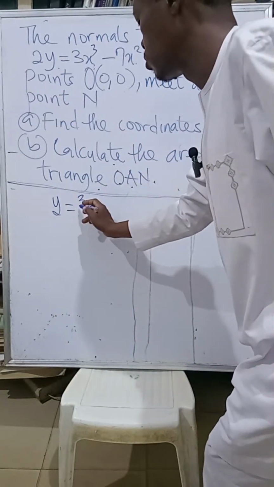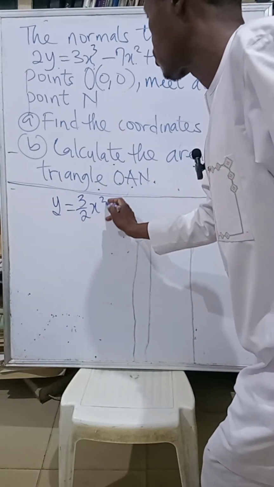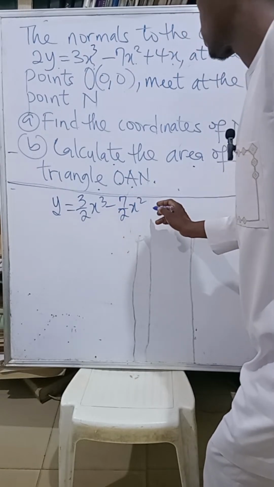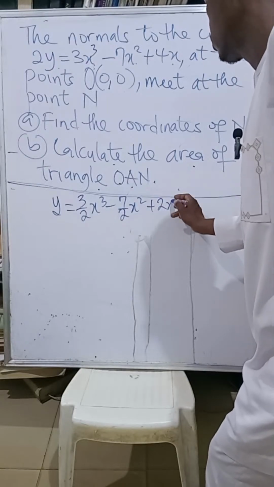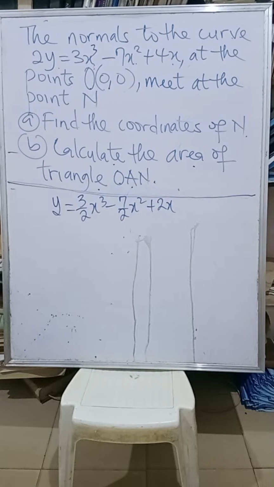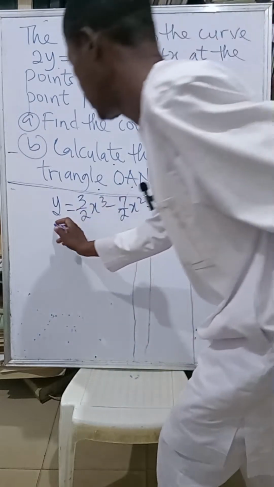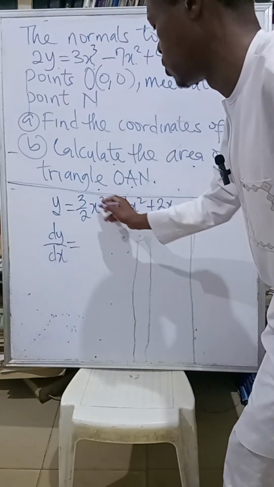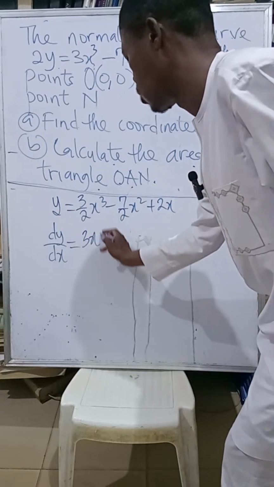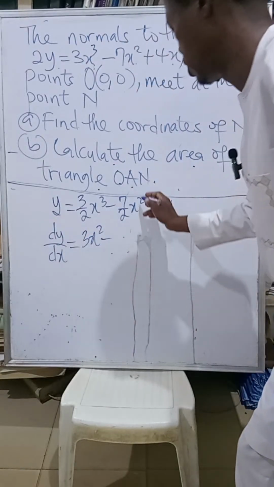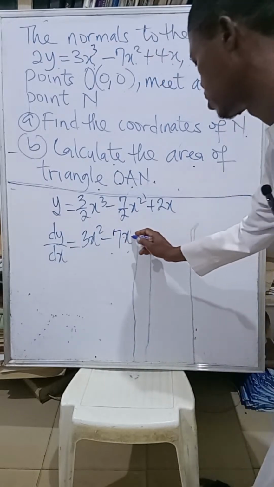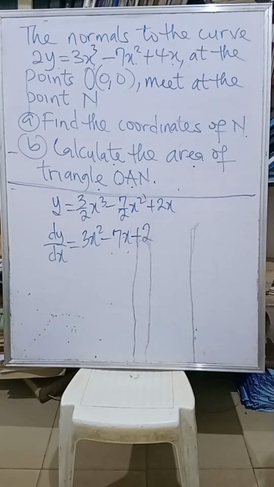So that will be 3 over 2 x cubed minus 7 over 2 x squared, and then plus 2x. So that's the first thing to do. Then we can find dy/dx.